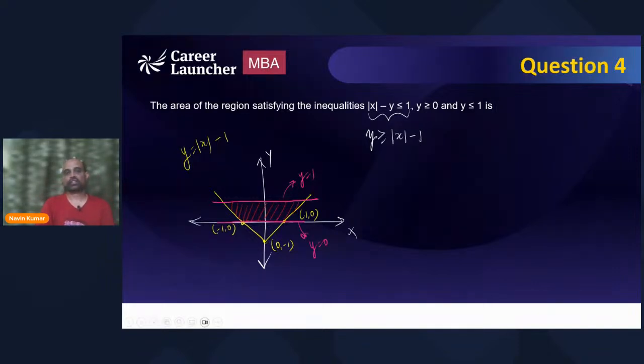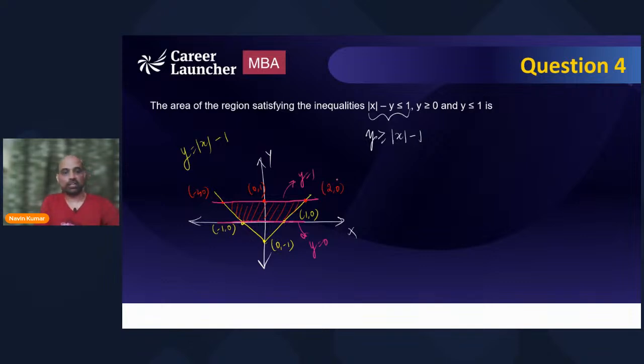So this point is obviously going to be 0, comma 1, because it passes through y equal to 1. Now, if I put y equal to 1 over here, we will have the value of x being 2, comma 0, and this one is going to be minus 2, comma 0.